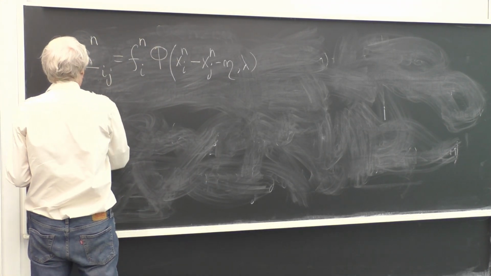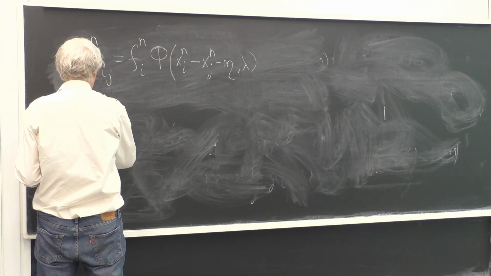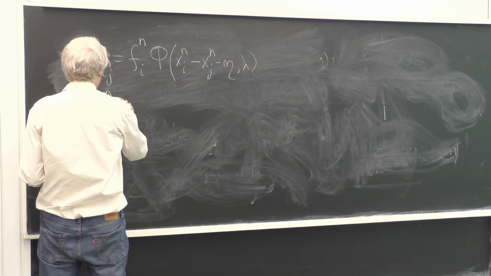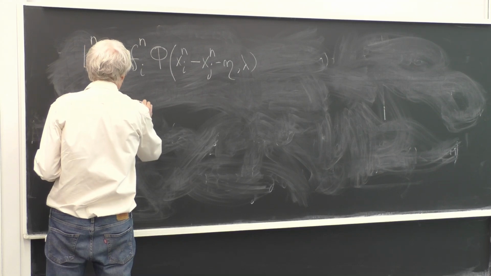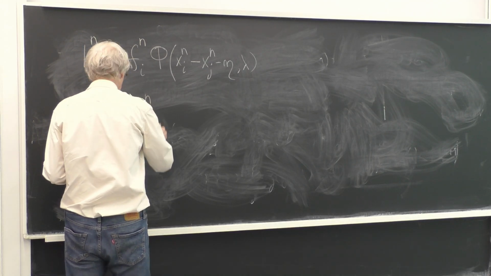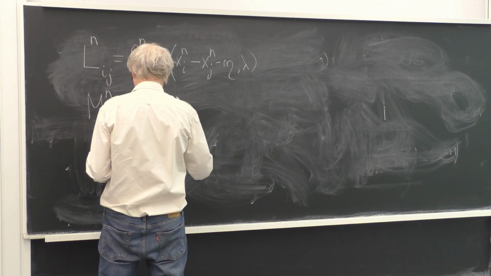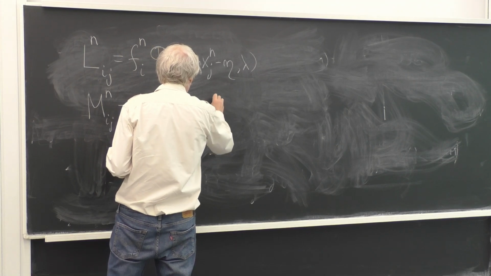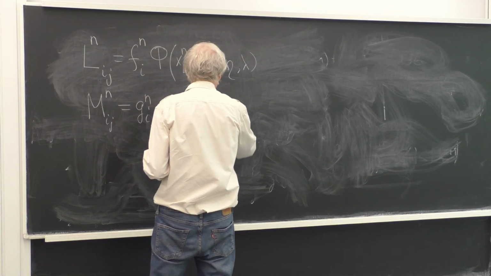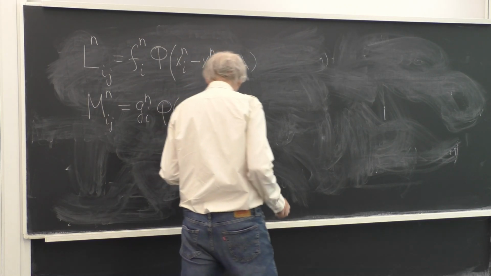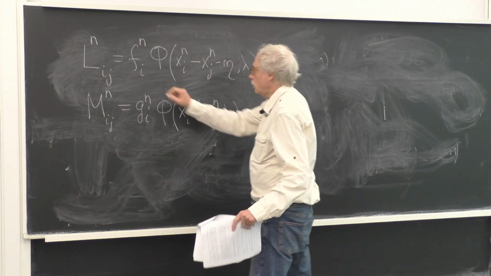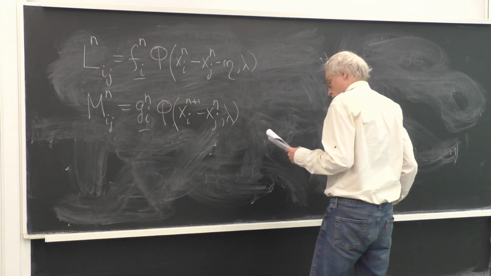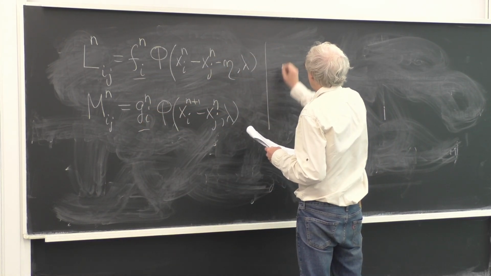And the second matrix of the Lax pair, M, has a similar form, where these functions are as follows.